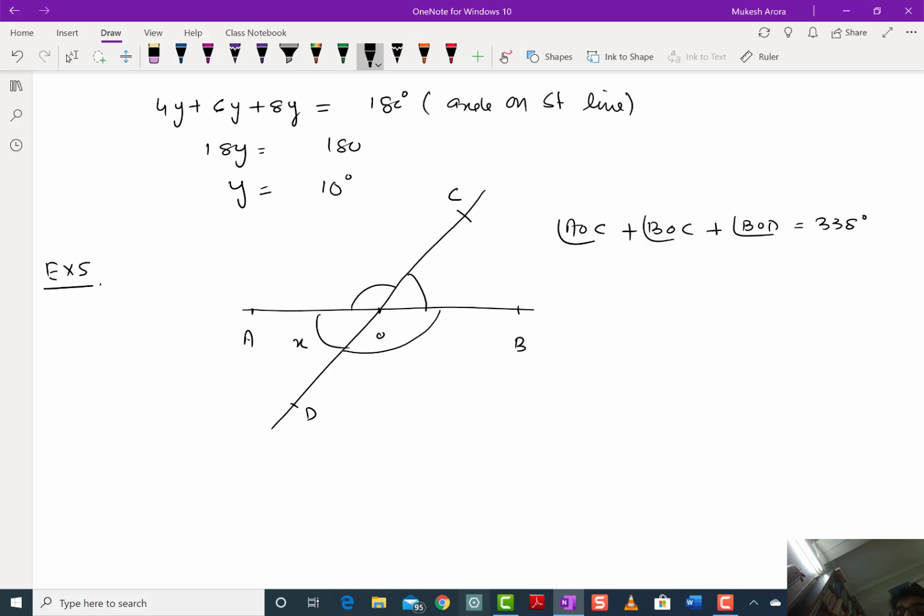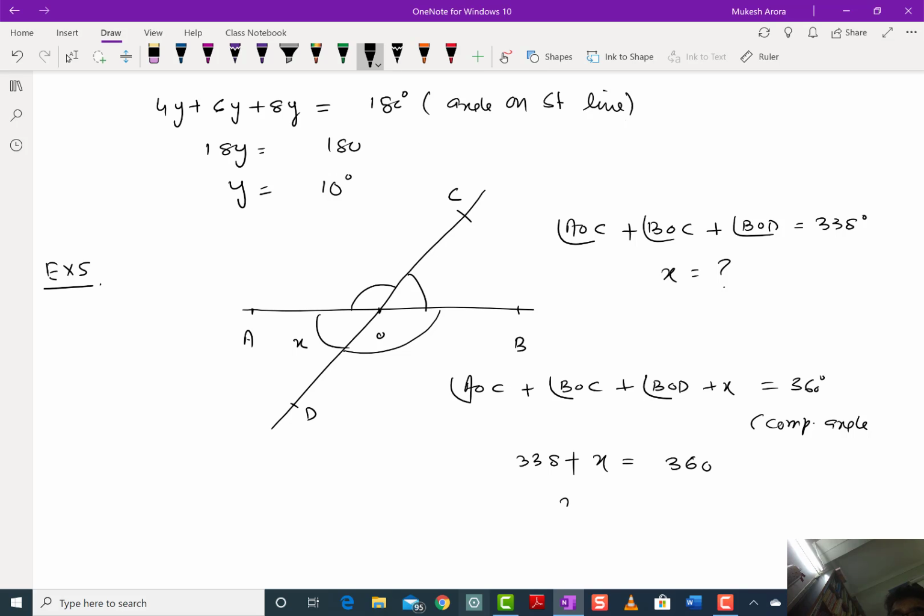Find angle X. So AOC plus BOC plus BOD plus X is equal to 360. That is a complete angle. 338 plus X is equal to 360. X is equal to 360 minus 338, that is 22.